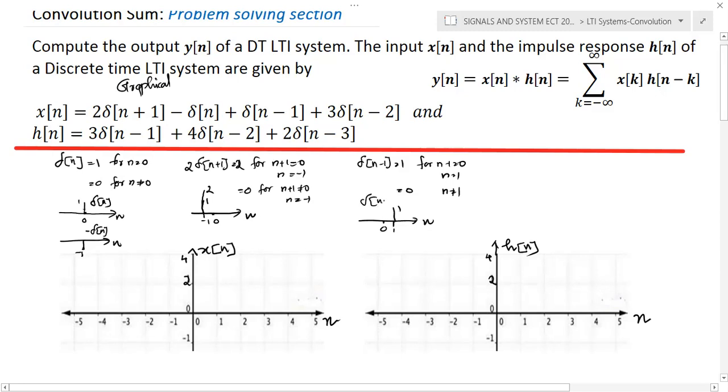That is del of n minus 1. Similarly, you can draw another signal, that is del of n minus 2. Del of n minus 2 means 1 for n minus 2 equal to 0 or n equal to 2, and 0 for n not equal to 2. So you can draw another signal which exists at 2. And here the amplitude is 3, so you can put 3 here.